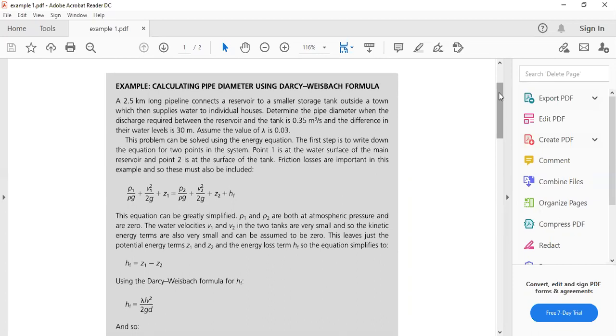So maybe by the end of today or tomorrow morning, I'll put problems or questions from chapter 1 for yesterday and others for chapter 2 for today, so that you just have a feel of how to use these principles. So I wish to end there, unless there are any questions.